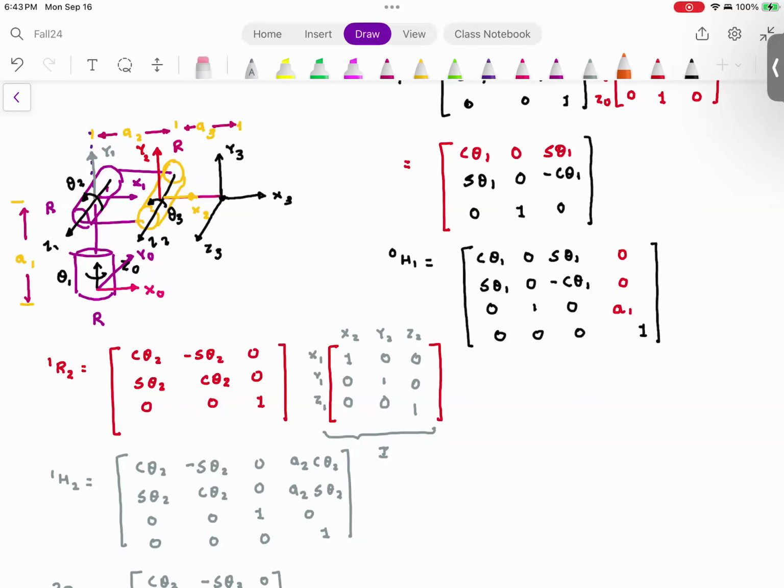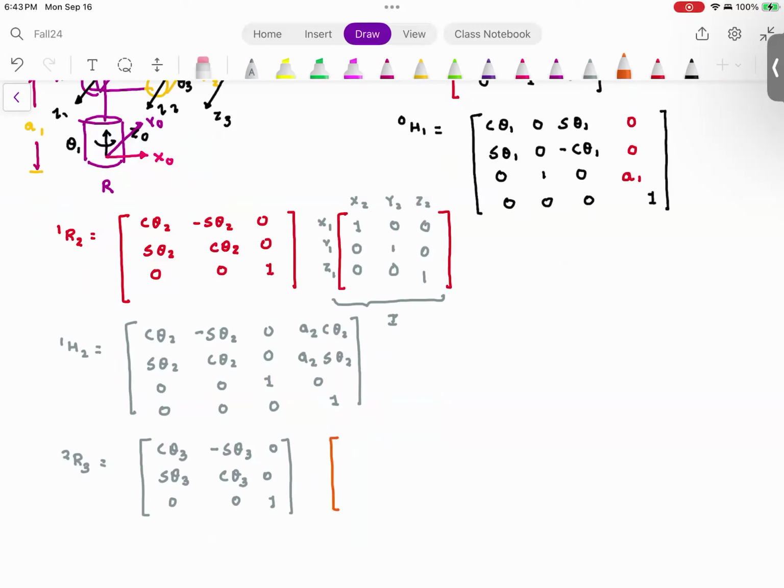Z3 can be anywhere because there is no joint. But as soon as I have Z3 aligned with Z2, X3 aligned with X2, and Y3 aligned with Y2, my projection matrix becomes identity. Everyone understood this? So I actually gained some efficiency there.